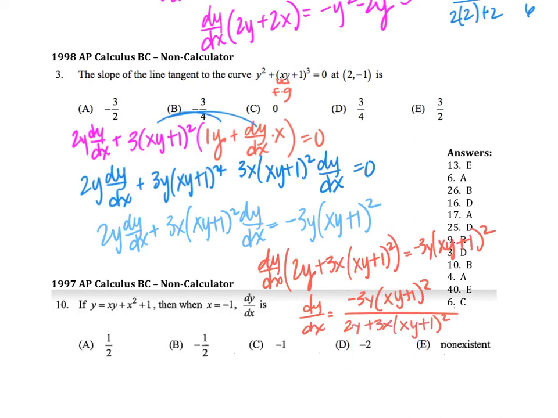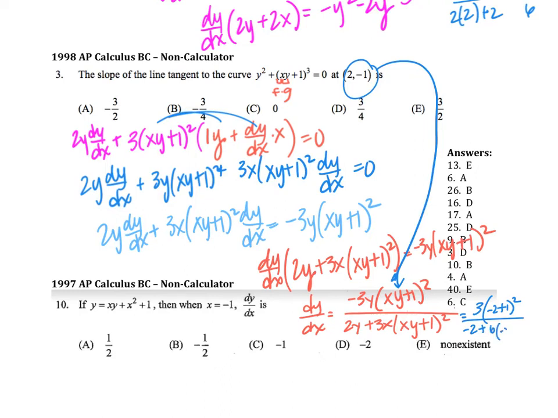I cannot cancel out the (xy + 1)^2 because this term doesn't have one. So at this point, I'm going to plug in (2, -1) into my derivative, and hope that I get the right answer. When I plug in a negative 1 for my y, 2 times negative 1 is negative 2, plus 1, squared. Then I've got 2 times my y, which is negative 2, and 3 times 2 is 6.